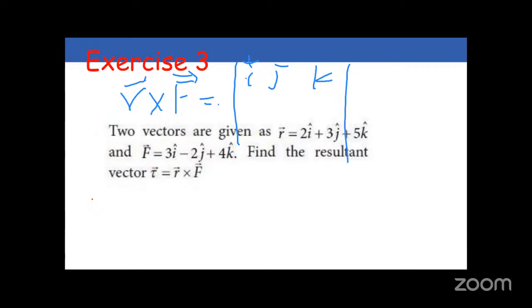For R, we have 2I, 3J, and 5K. For F, we have 3I, minus 2J, and 4K.